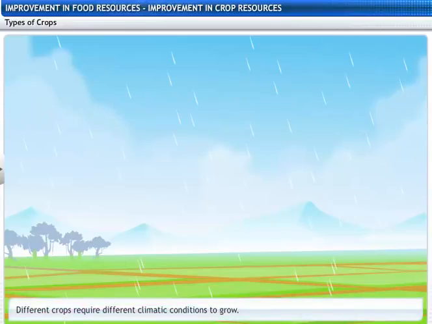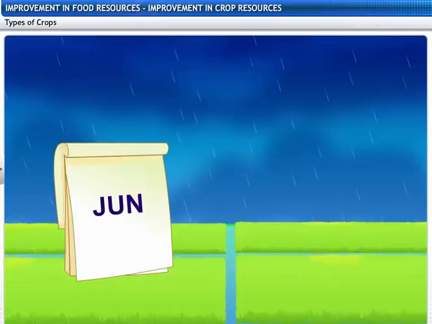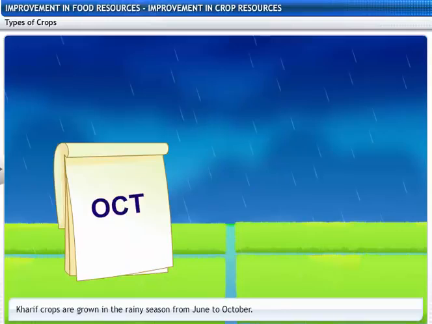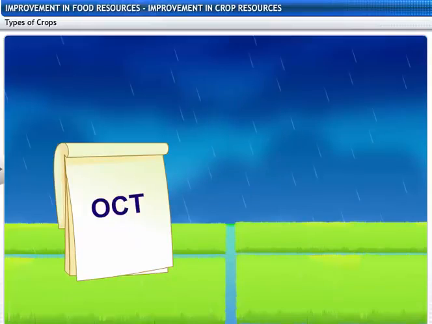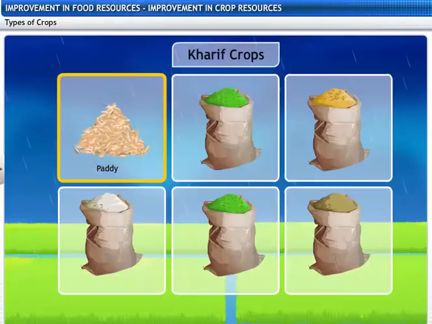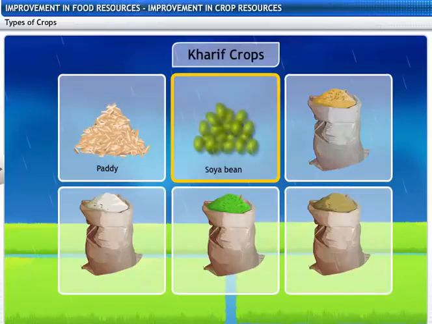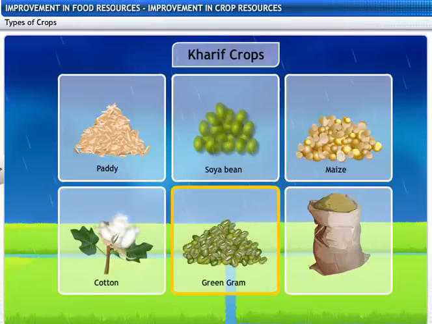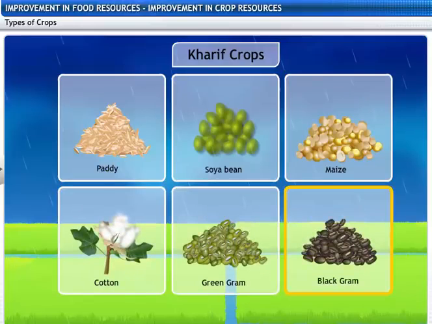Different crops require different climatic conditions to grow. Kharif crops are grown in the rainy season, which is from June to October. This season is called the Kharif season. Paddy, soybean, maize, cotton, green gram and black gram are Kharif crops.